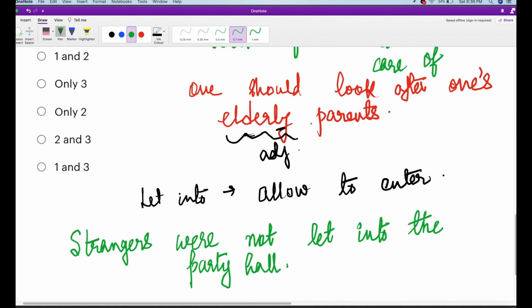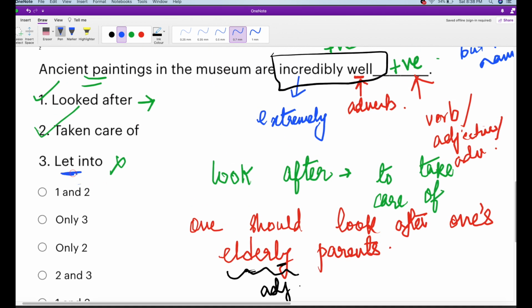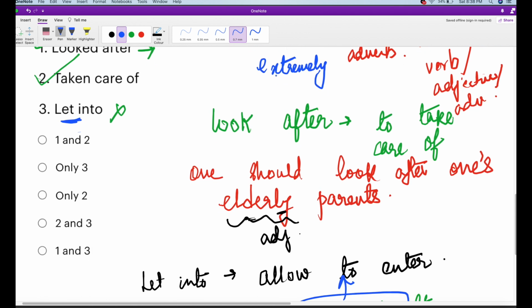This means strangers were not allowed to enter. Allowed to enter. Okay, fine. So three does not make any sense in the context of this sentence. So three is incorrect. The right answer is one and two, option E.